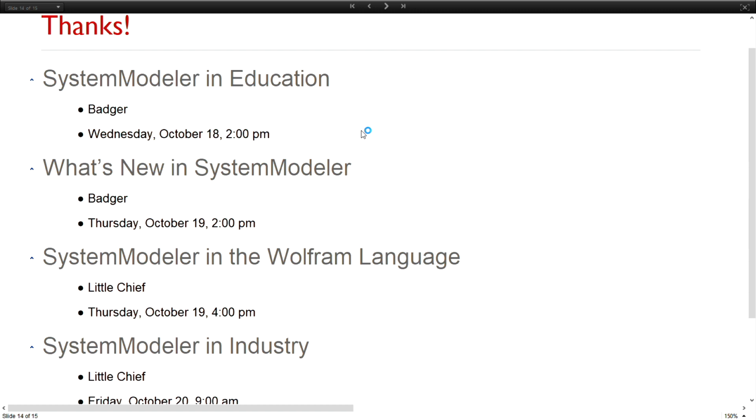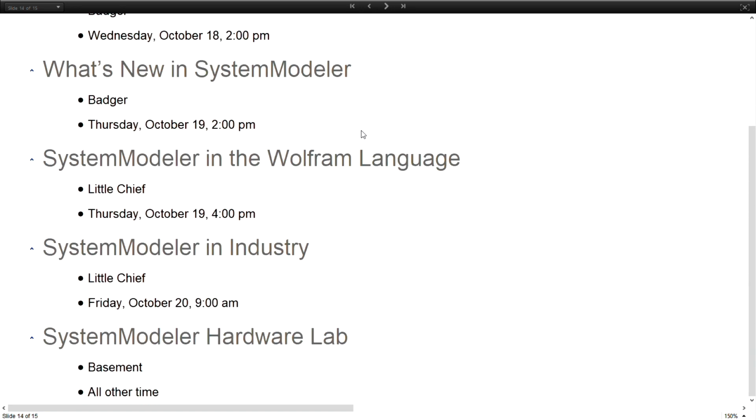On Friday, John will be giving a presentation that's kind of like this one, but looking at System Modeler from an industry perspective, how we can use it to design different applications before you actually build them.